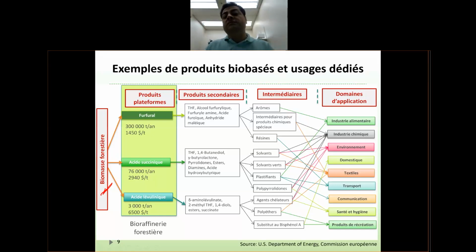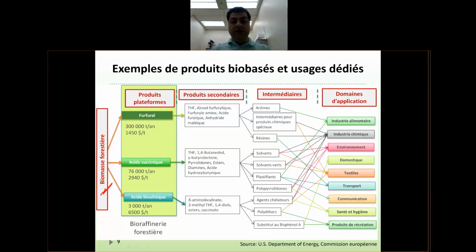You may use them, but usually the end users that are regular people in society, they don't use them. These usually fit for final products. So in intermediates, you make a lot of aromatics, resins, solvents, and many more products.